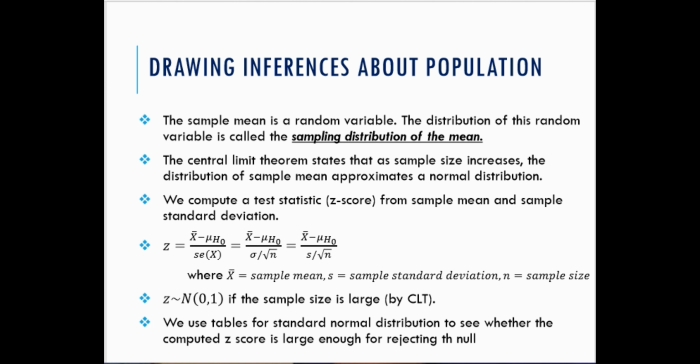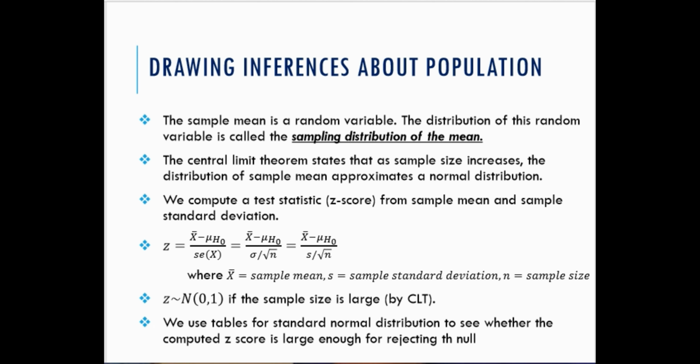Because this sample is a smaller subset of the entire population, and because it is chosen randomly, the sample mean itself is a random variable. Had you chosen a different random sample, you would have got a different value of the sample mean. So the sample mean has its own distribution, which is called the sampling distribution of the mean.